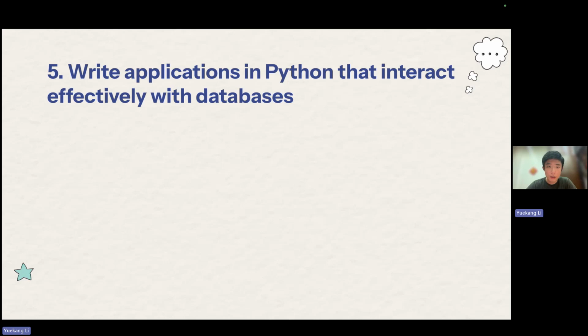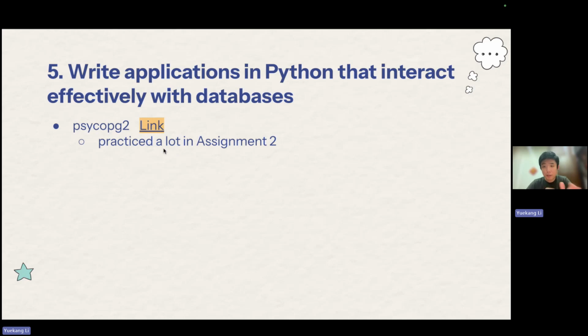The fifth learning outcome here is that you should be able to write applications in Python that could interact effectively with databases. And this relates to the Python module called Psycopg2. And here's a link to the relevant slides.